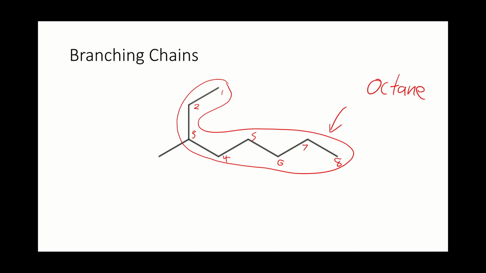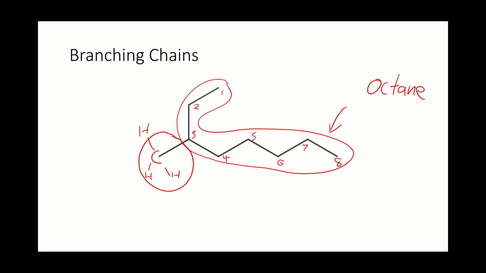But then the question comes, what do I do with this section coming over here? I've got a carbon, and if you don't remember skeletal structures very well, this is actually a CH3 group. So what do I do with a CH3 group sticking off the side of my chain? Well, it turns out that we can just name this according to the same carbon prefixes that we've been looking at before.